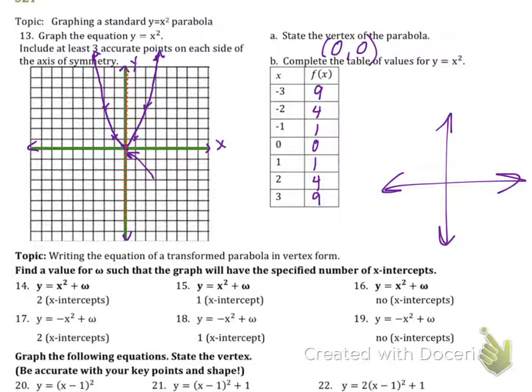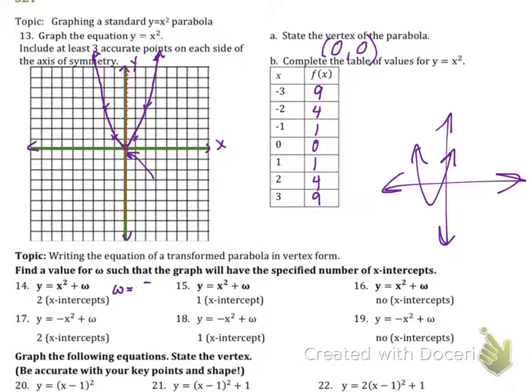So if I want it to cross twice, I don't want the graph to be up here. I want the graph to be down here. So as we've been talking about, if I want the graph to be shifted down below the x-axis, I need that omega, so that W looking thing, I need that omega to be any negative number.